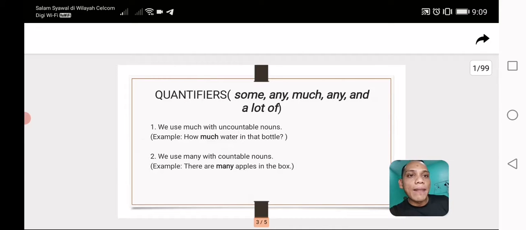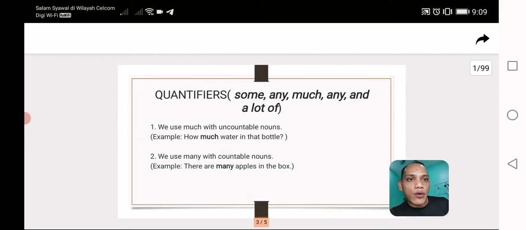Kita gunakan much ni untuk benda yang tidak boleh dikira. We cannot use many. Cuba kita tukarkan much kepada many. How many water in that bottle? That is wrong. So benda yang tak boleh dikira selalunya kita guna much. Boleh faham?